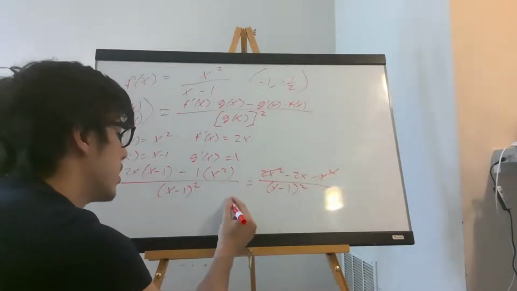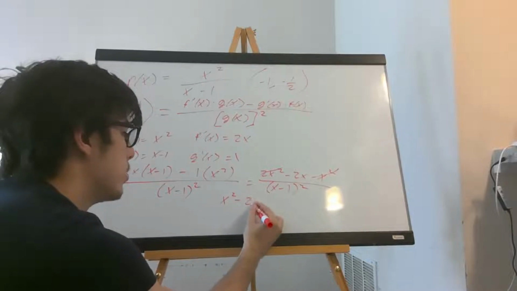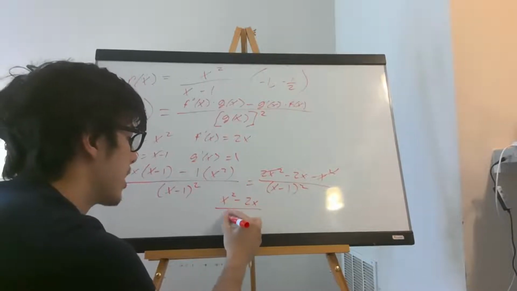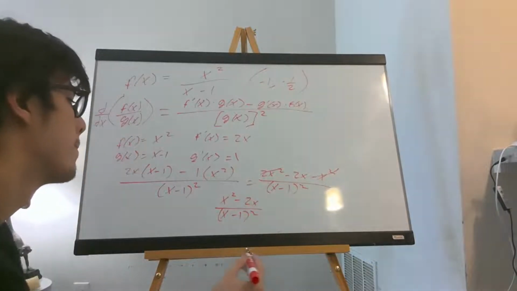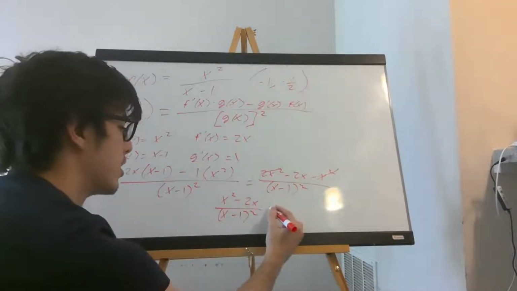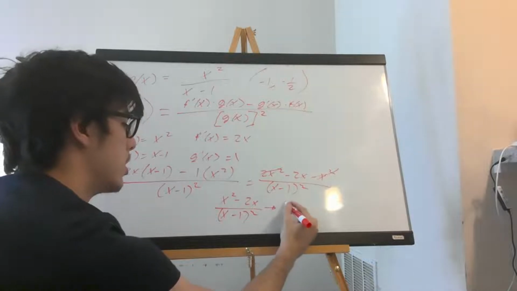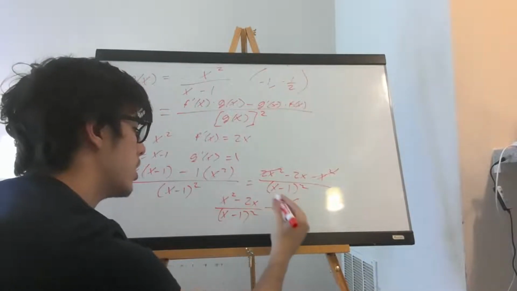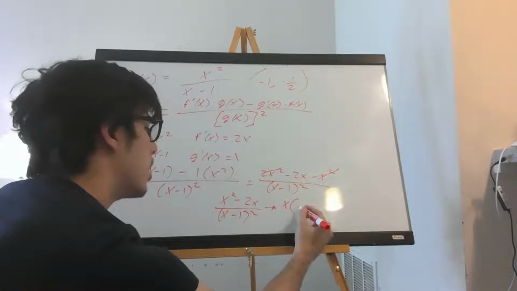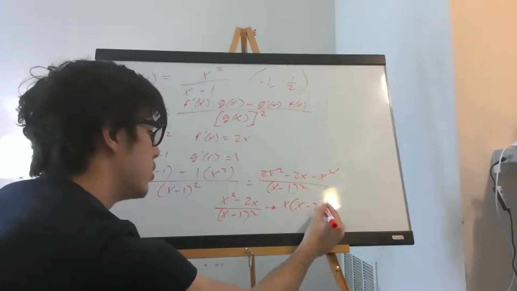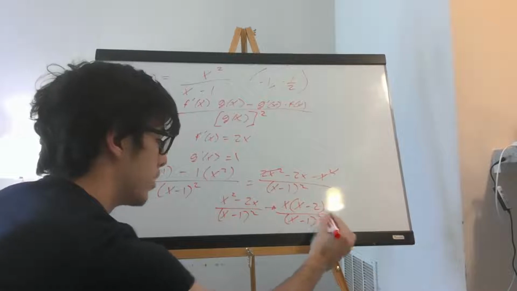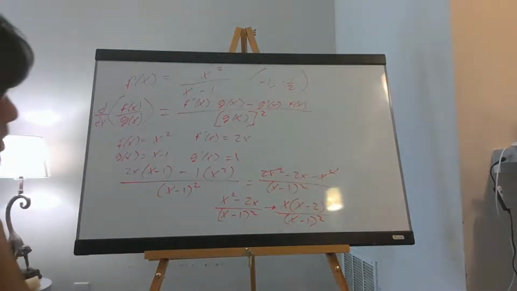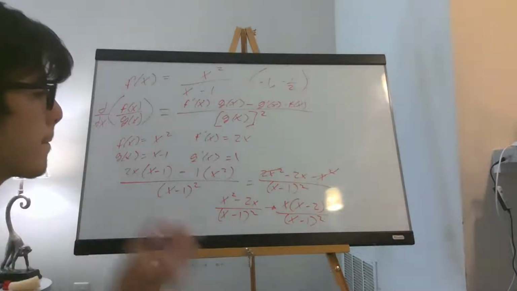That's going to give us x squared minus 2x over x minus 1 squared. So now we can factor out an x on the top and get x times x minus 2 over x minus 1 squared. And that's going to be our derivative.